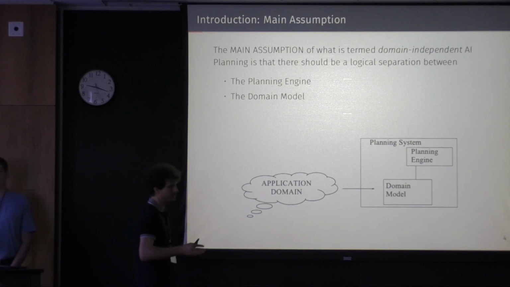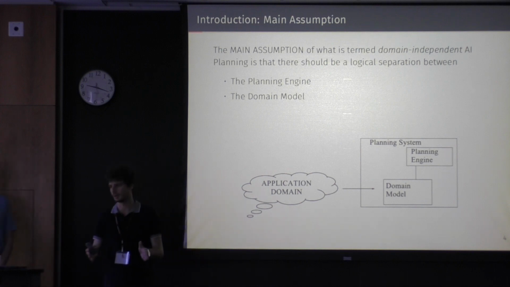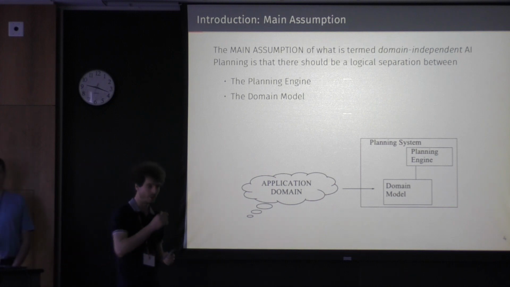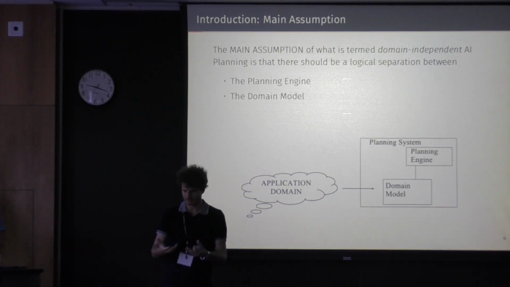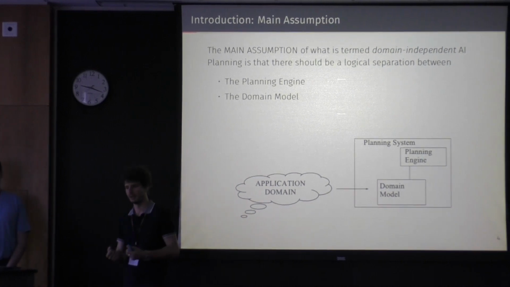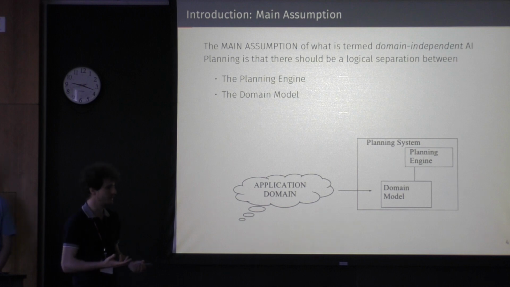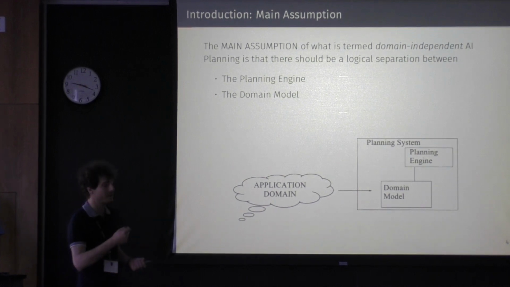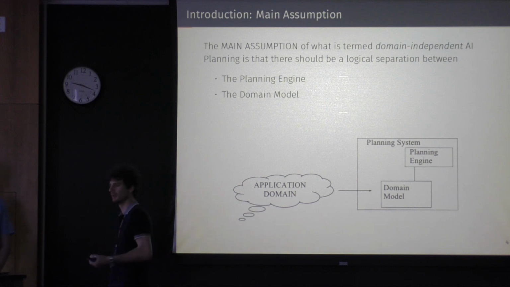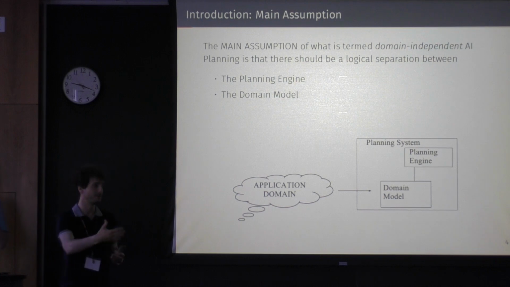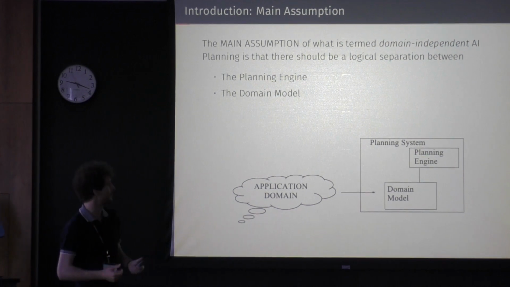For this reason, you need a logical separation between the domain model, which is the formal specification of the knowledge from the domain, and the planning engine, which is the solver, the piece of software, or even the human if you want, which can reason upon the knowledge provided in the form of a domain model, and which can then provide the plans for solving your problems.